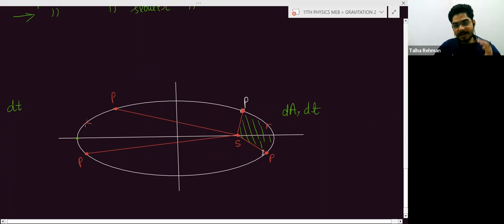In moving the planet from this point to this point, time taken is dt, and in that time dt, this planet covers this dA area.